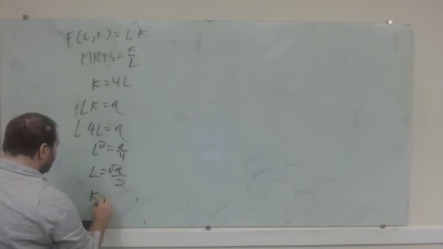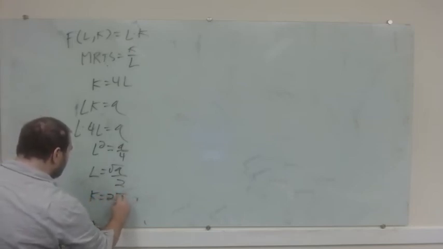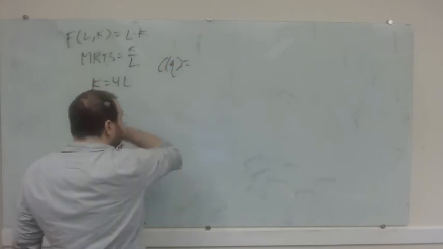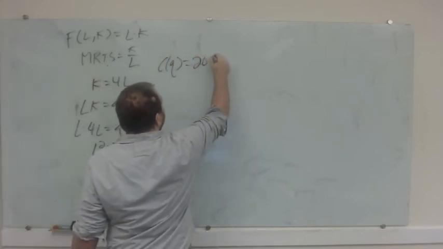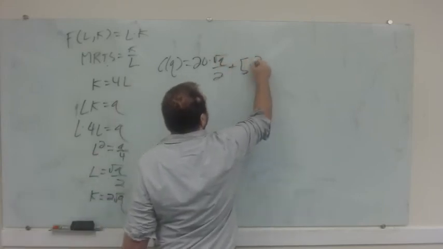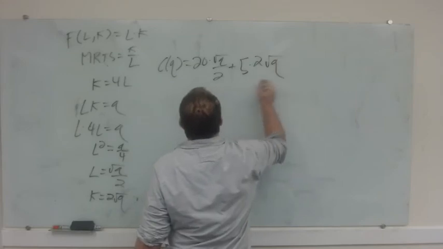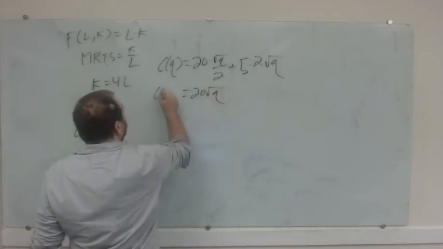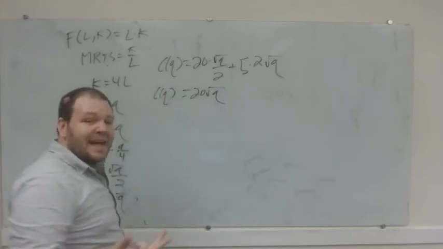K would equal 2 root Q, and our cost function would be 20 times root Q over 2 plus 5 times 2 root Q, which would be 20 root Q. So what does that mean?